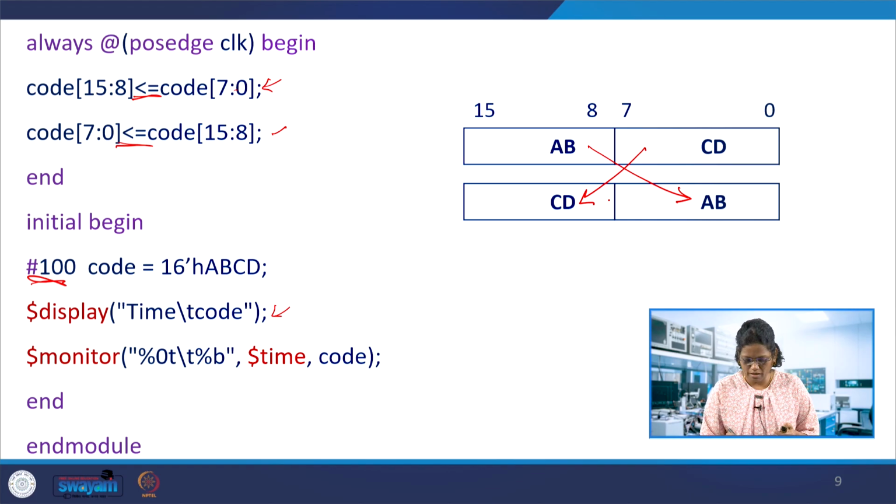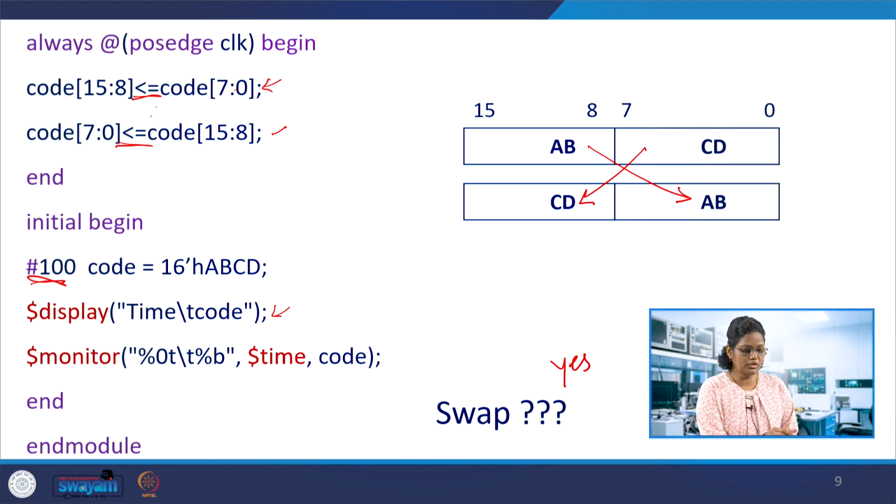So there is a swap. Yes, it is happening here, the swap due to the non-blocking assignment. It is not an immediate assignment, it is a late assignment, the perfect example of the non-blocking statement which helps in swapping. If we change the order of this, making this statement first and then the second statement, the same thing can happen.